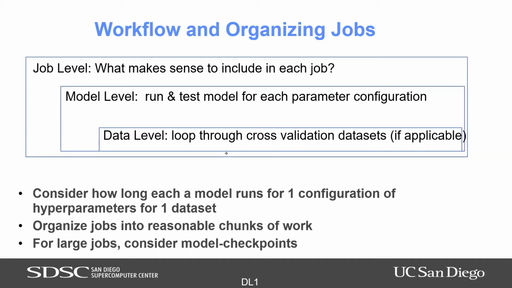At the level of a model, you're going to run and test the model for each set of parameters. At your data level, you're going to maybe do a loop through cross-validation. So, how do you want to set up a job? Is it one model and one configuration, or is it one model and 10 configurations with 10 data sets? So you need to think about what makes sense. And really it also depends on how long everything runs.